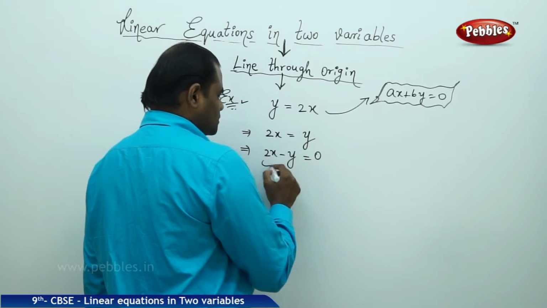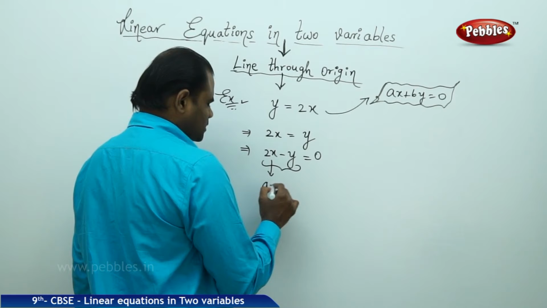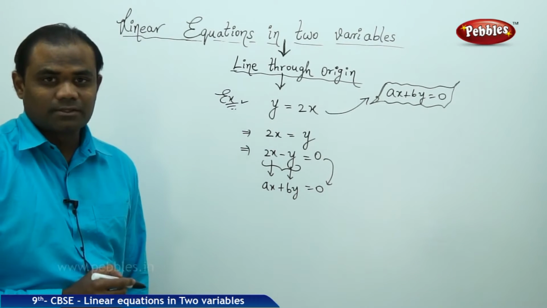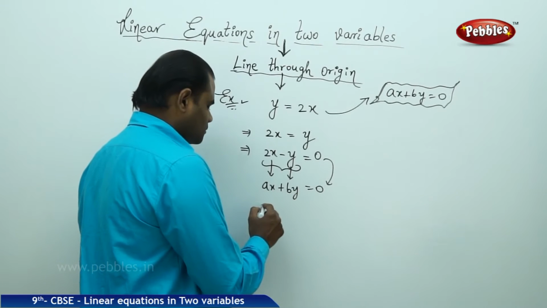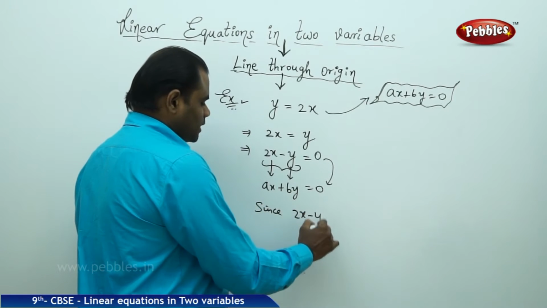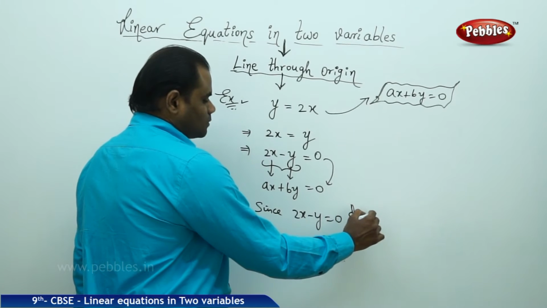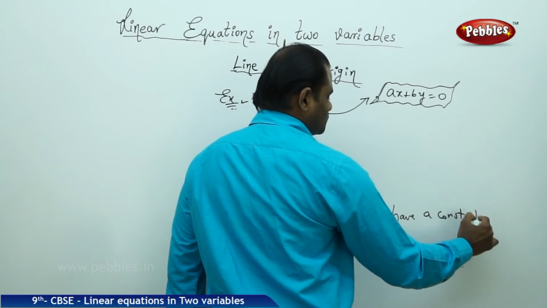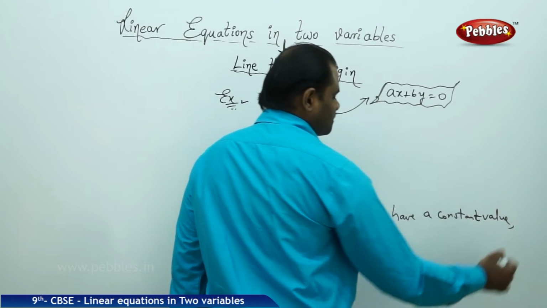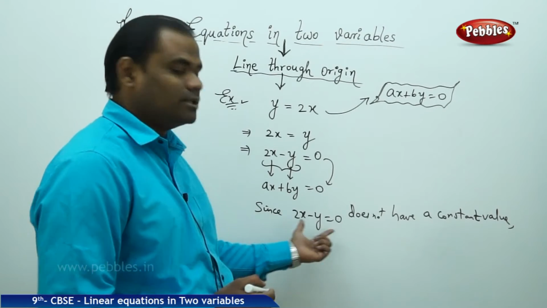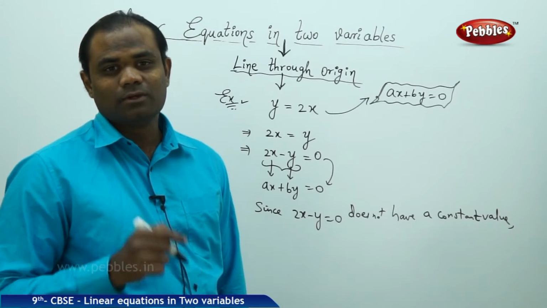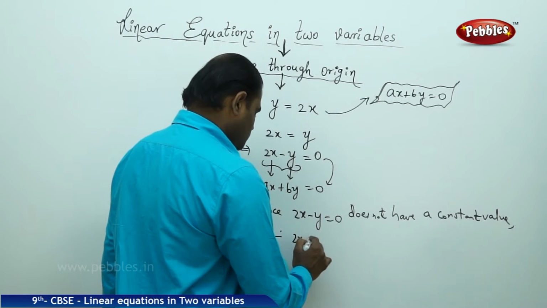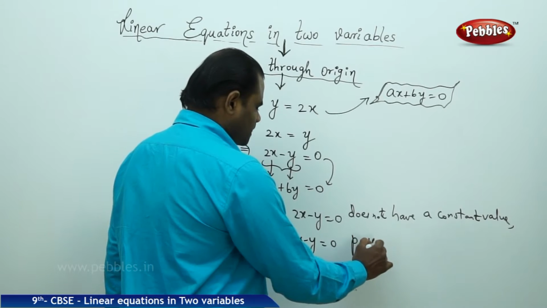Clearly, as I see the comparison, this can be written in the form ax plus by equals 0, which says that since the constant value is 0, since 2x minus y equal to 0 does not have a constant value, therefore this must pass through origin, is how we conclude.